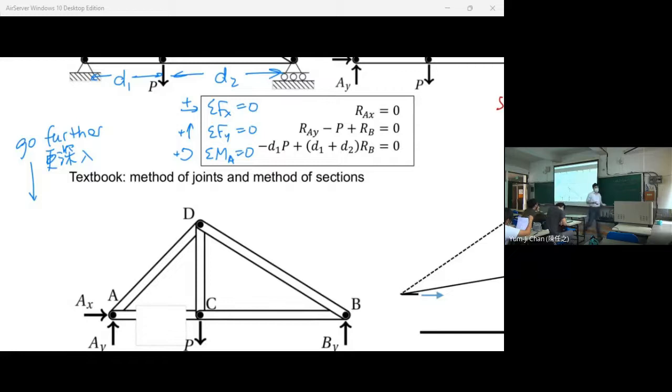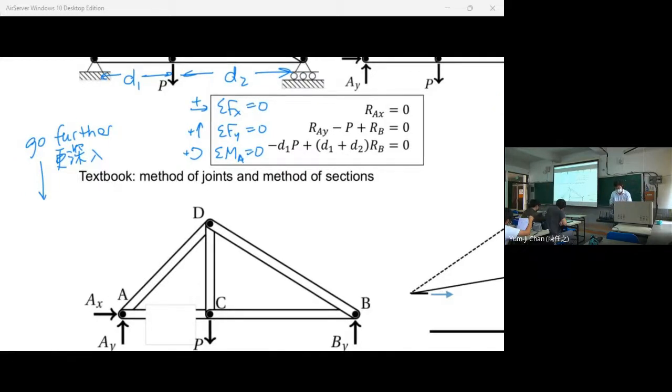In class I will teach the first one, but you can use both methods in the examination. The two methods are quite similar, actually.